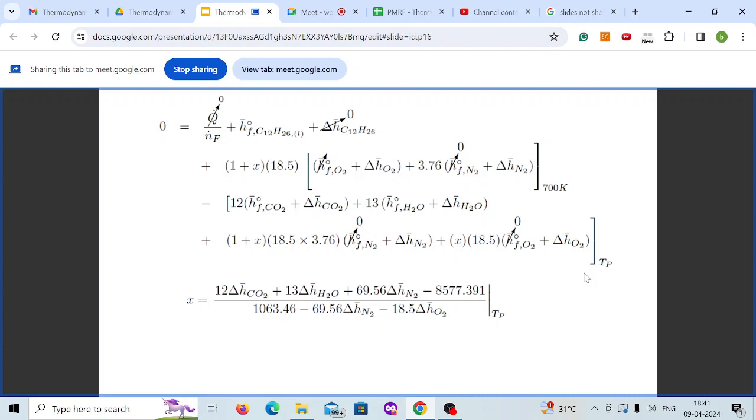Now if you do an energy balance across the combustor, there is no heat transfer from the combustor, so Q is 0 and work will be 0. It is just reactant and product. So you have enthalpy of formation of your fuel plus your delta H change. This is the sensible heating from the formation temperature to the temperature at which the fuel is set.